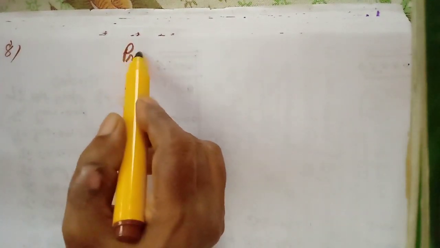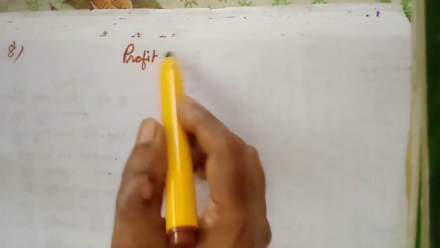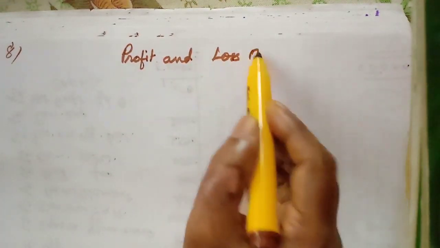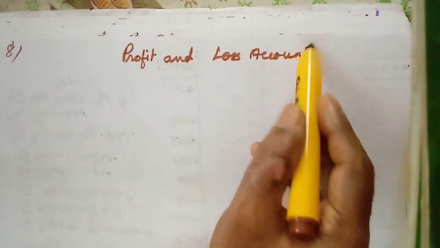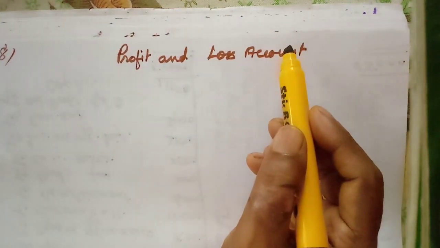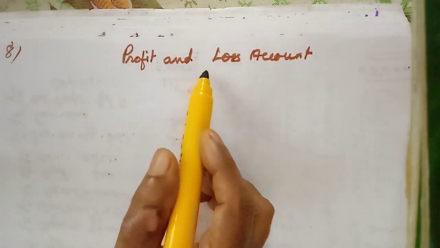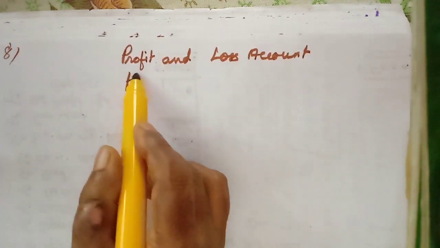From the following information, prepare profit and loss account for the year ending 31st December 2016. Okay, here gross loss is due. So, for the question, that answer you write. First you write the number, then the heading, profit and loss account. You can write in the same line, but here the space is less, that is why I am writing 2 lines.